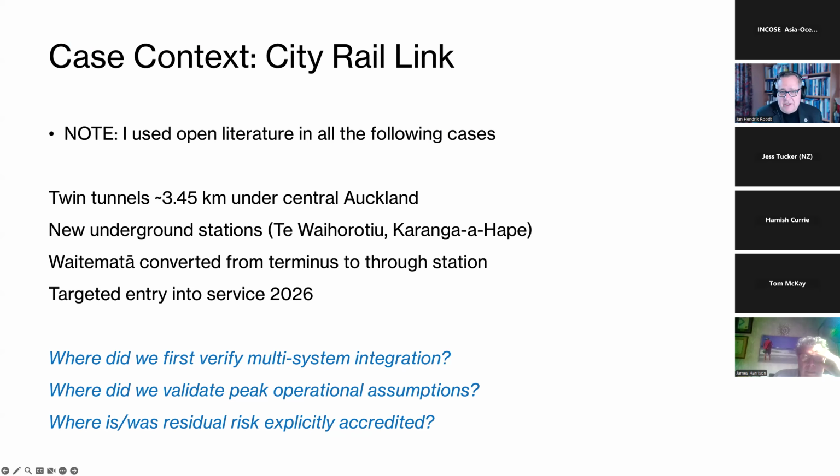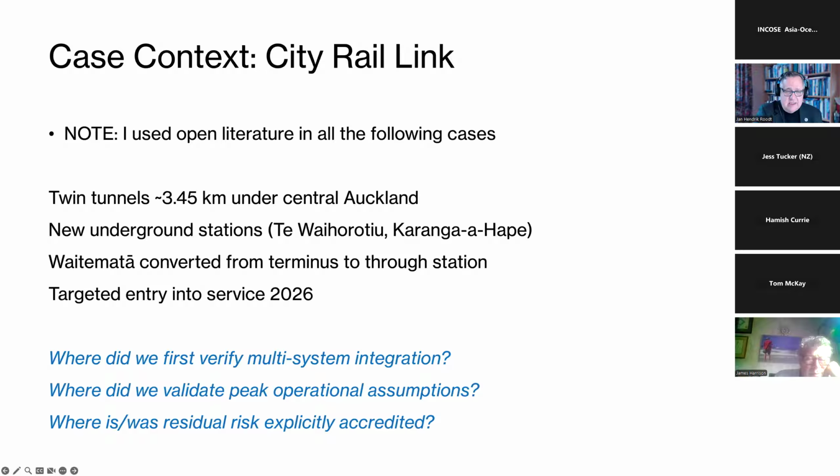But my position on this is that in complex integration, the assumptions are the first things that we build and the hardest thing to test. If we look at the City Rail Link, it integrates tunnels, quite a bit, stations, signaling, network conversions.